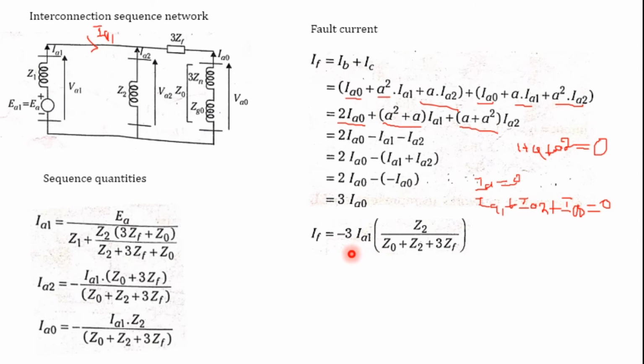Substituting this value, we get minus 3 Ia1 Z2 divided by Z0 plus Z2 plus 3ZF. In the absence of neutral grounding, Zn will become infinite, hence Z0 also becomes infinite, so the fault current will become 0.